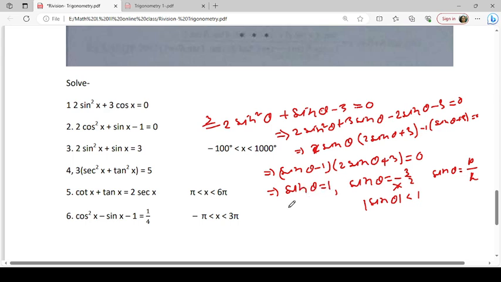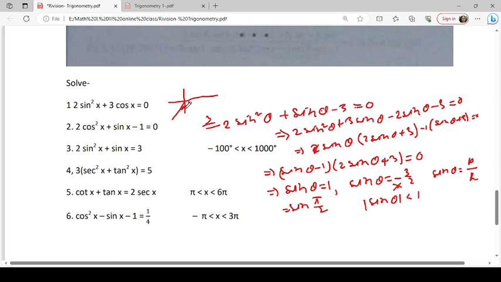So theta is equal to sine of pi by 2, that is 90 degree. Because it is 90 degree, we need to find the values in between minus 100. Minus 100 means it is in the clockwise direction, so it is minus 90 degree. This is the lower limit.